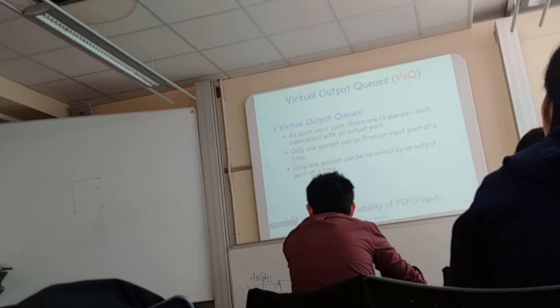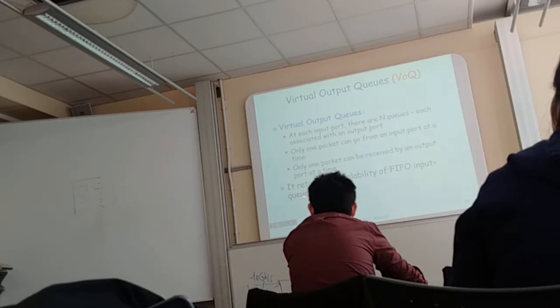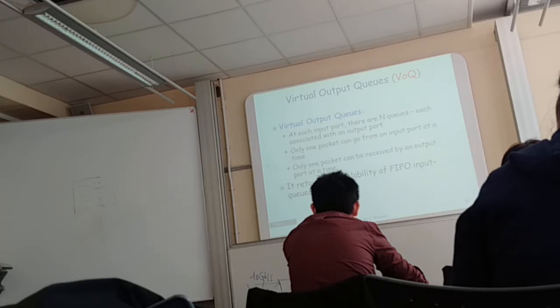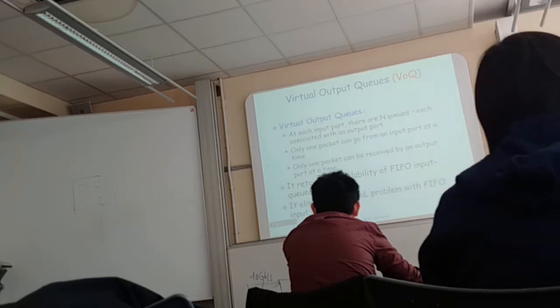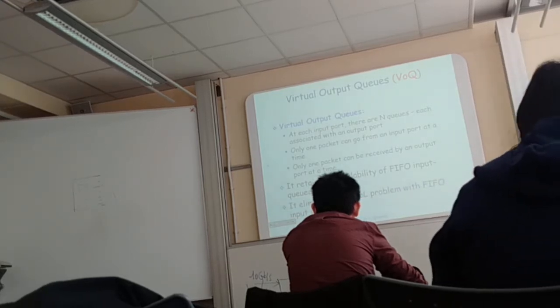So in this architecture, I added virtual lines, but I retain the scalability of the FIFO input queue, which means the bandwidth stays the same. The memory bandwidth per interface is 2R, although I added logical lines. But it eliminates the head-of-line blocking.